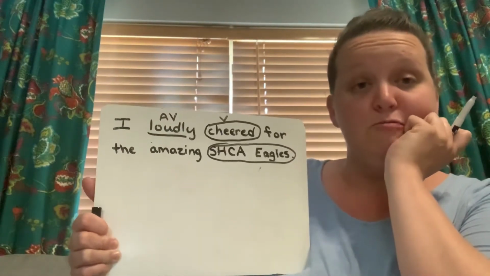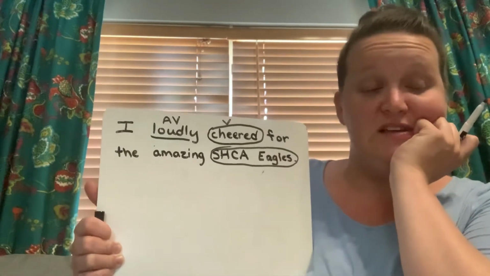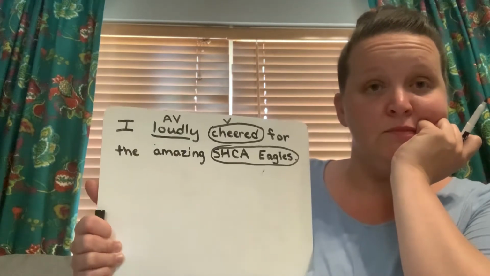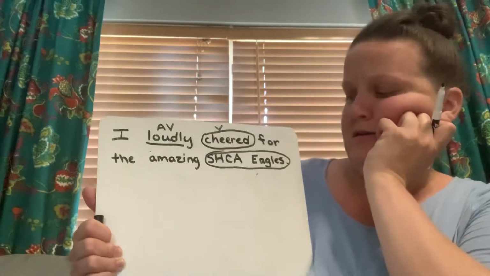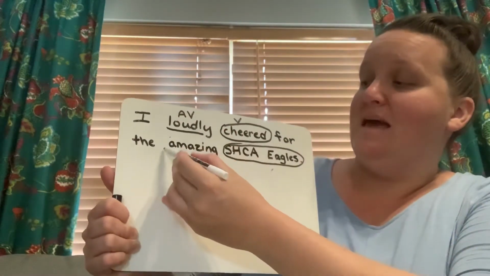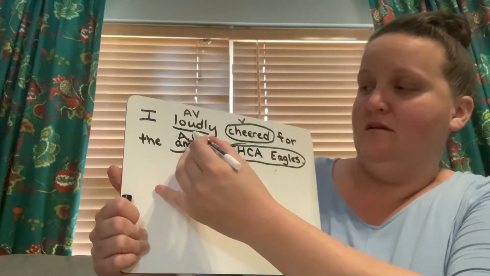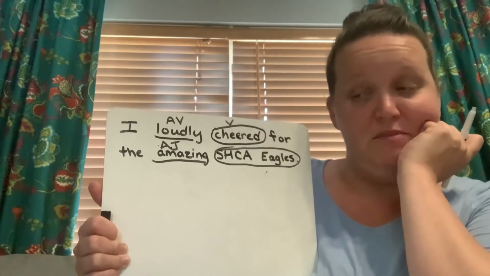So what word describes the Eagles? It's actually answering the question, what kind? What kind of eagles? The amazing eagles. And I'll put a J for that one. Okay, adjective, which adjectives describe nouns. Okay, we're going to just do a couple more of those.